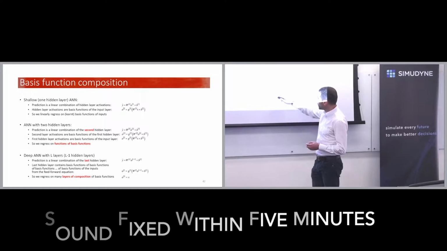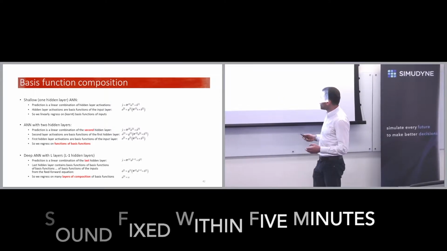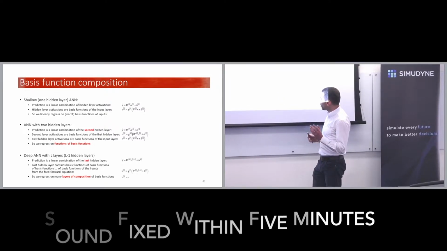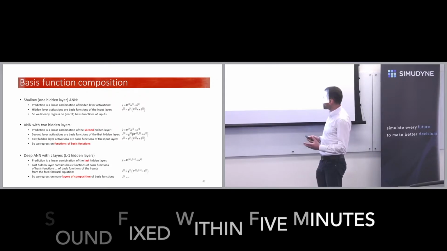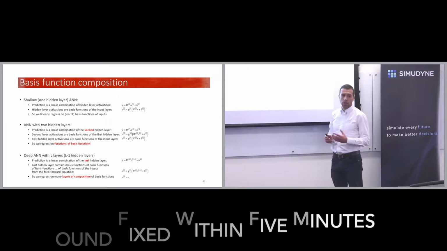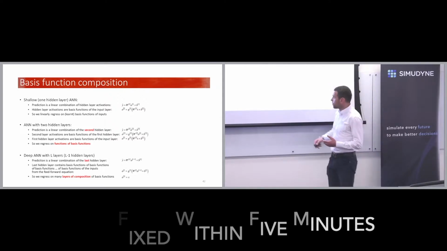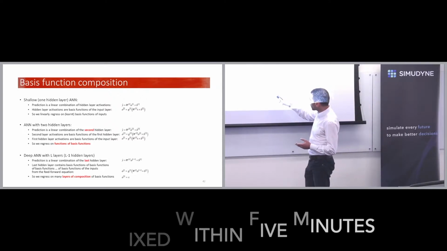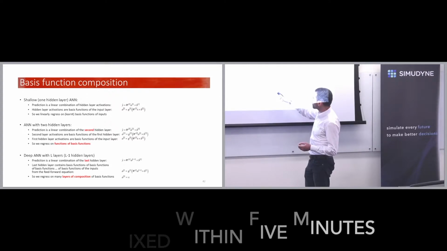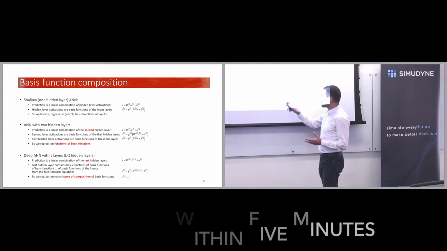With deep learning, in addition, you allow these functions to compose over one another and to train the network to find the best composition of these functions. So intuitively, that gives the network a much stronger representation power.